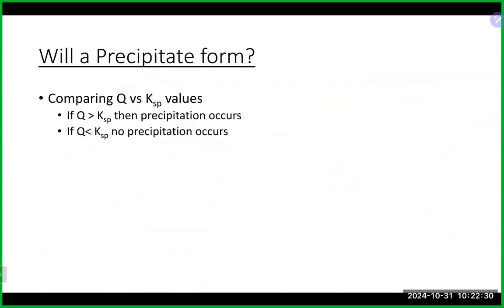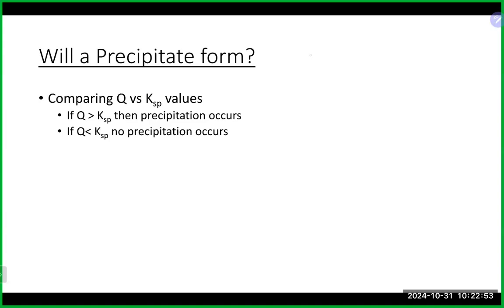All right. Now, we could also look at, as we talked about at the very beginning, whether or not we would predict a precipitate to form, and that we can use Q versus the KSP value. And again, if Q is greater than the KSP value, we'll get a solid that forms. And if Q is less than the KSP value, we will not get a precipitate to form.